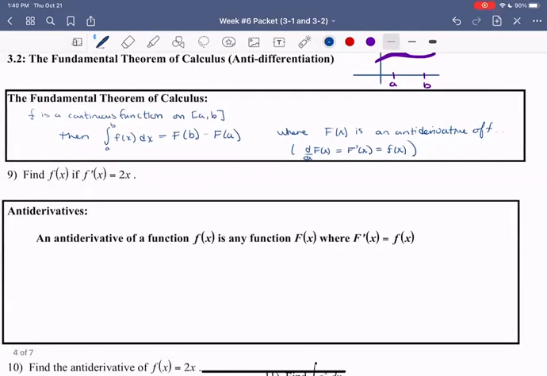So let's just take a moment to pause and reflect on all that this statement is saying. So in this statement, we have a function, little f, that is continuous on this closed interval a to b.